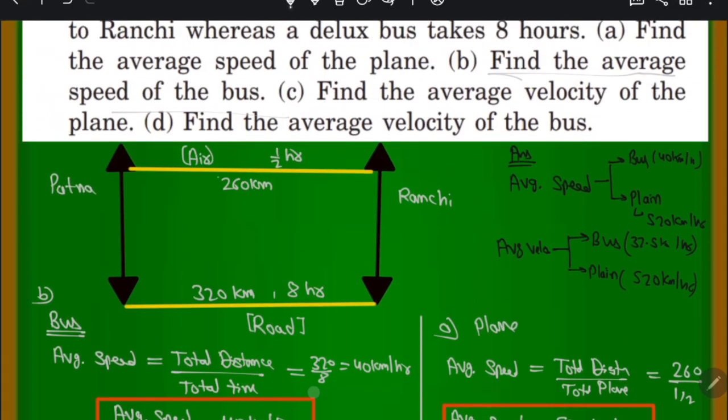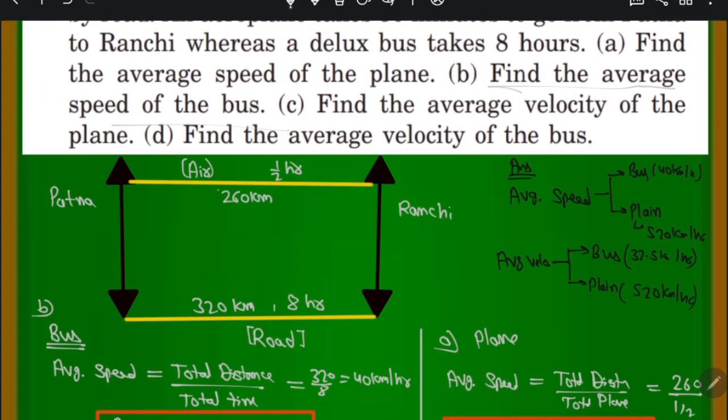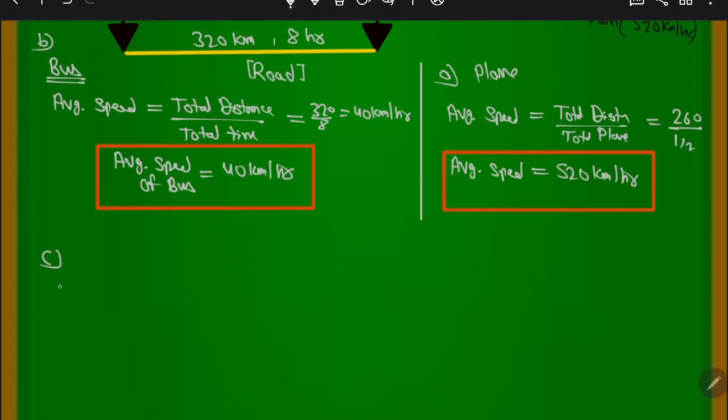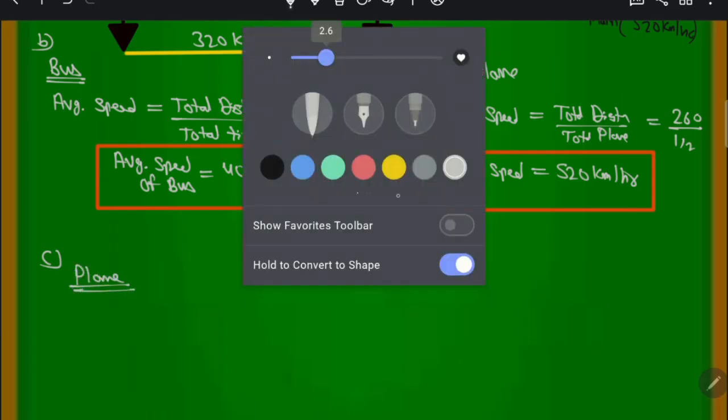So what is our C question saying? Find the average velocity of the plane. Average we are finding for plane. Right? I do with a different color pen so that you can understand easily.